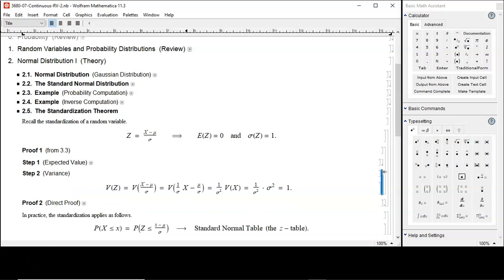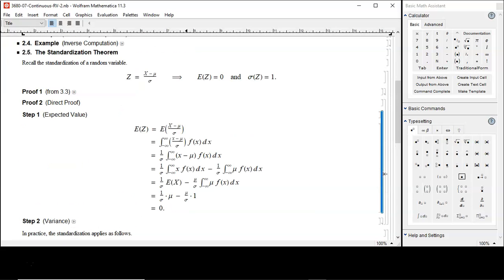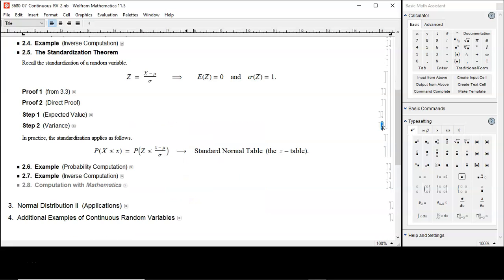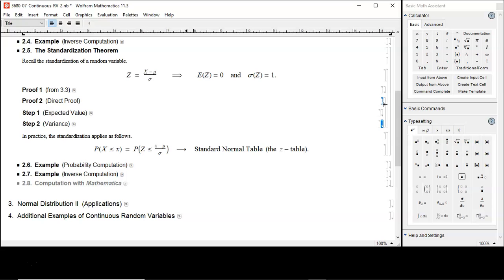If you don't remember all those, then you may have to do those as well through the direct proof, which comes from the integral computation. That was for expected value, and this was for variance. I hope everybody recalls all these.